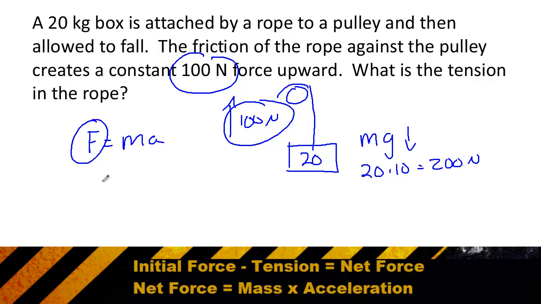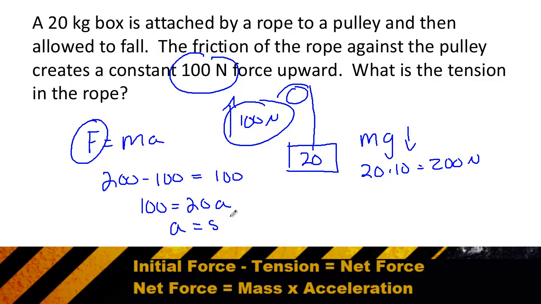So we start off with a force of 200 newtons. Then we lose 100 newtons from tension. Our net force is 100 newtons. Now we could write the equation that our net force, which is 100, is equal to our mass, which is 20, times our acceleration. Do some math, our acceleration is 5.